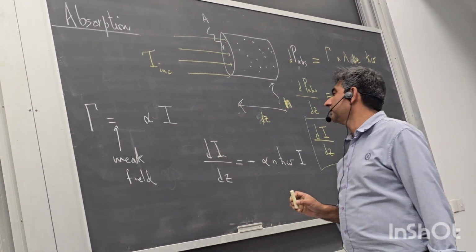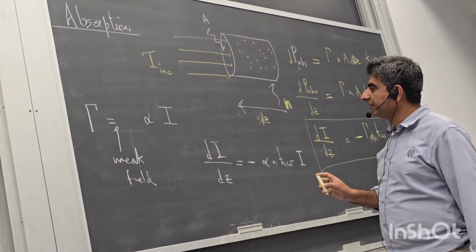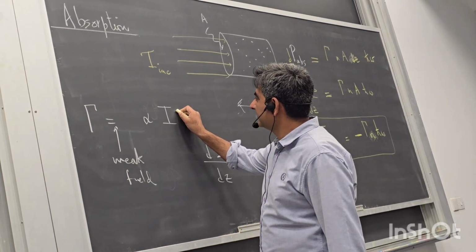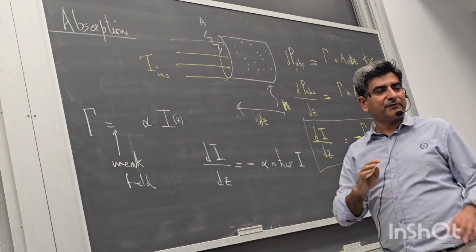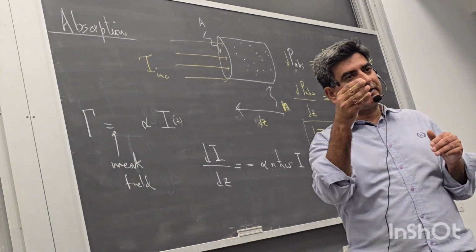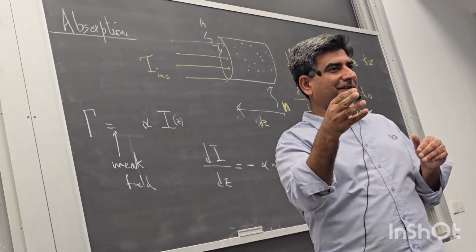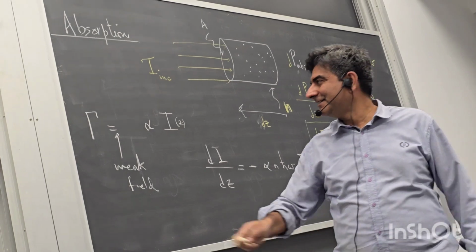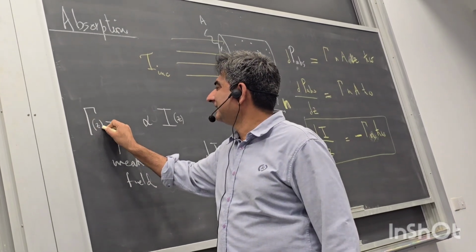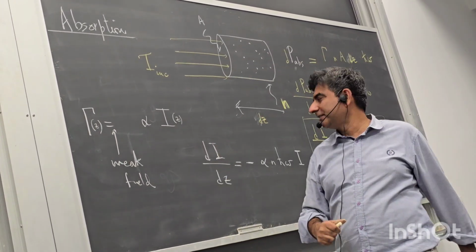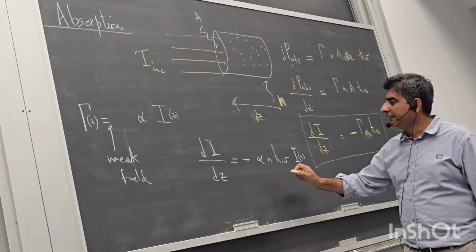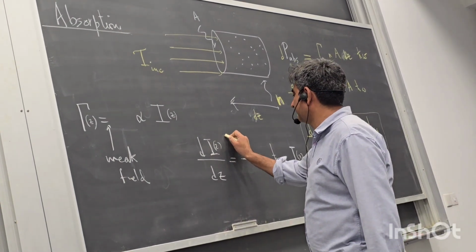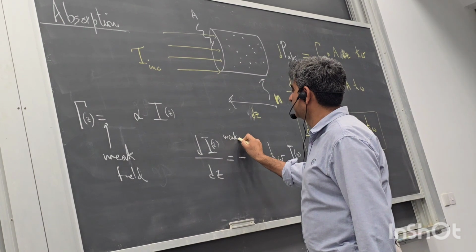In fact, this intensity is at any value of z, because the photon scattering rate might also change as you go along this length of this object. So this is the relationship that we have in front of us, in the weak field limit case, remember.